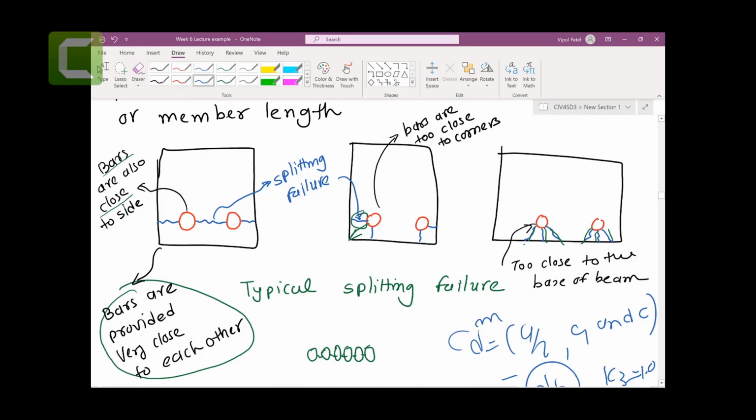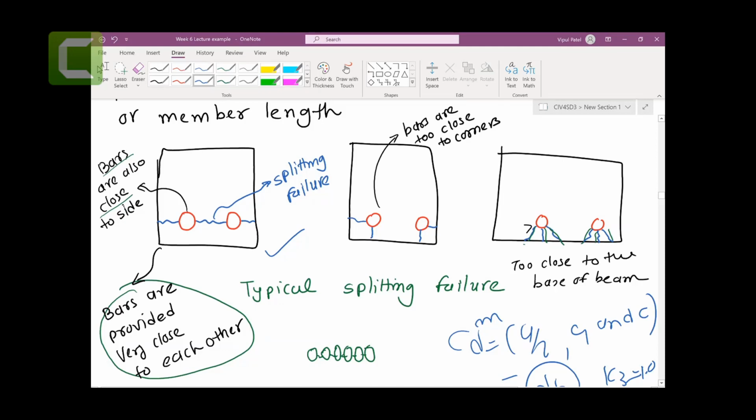There are 2-3 things that the standards want you to not happen. So when you have these, let's say this first figure, that is called splitting failure, horizontal splitting failure. When you put your bars very close to each other, next to each other, then these failures will occur.